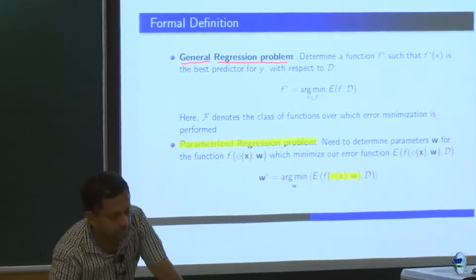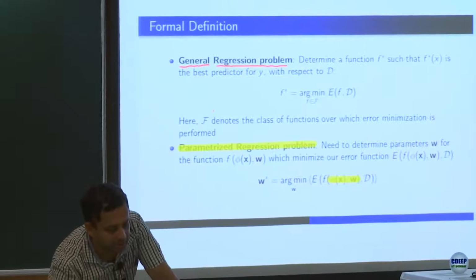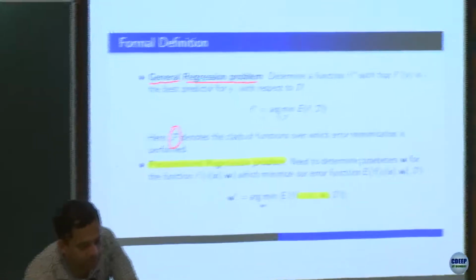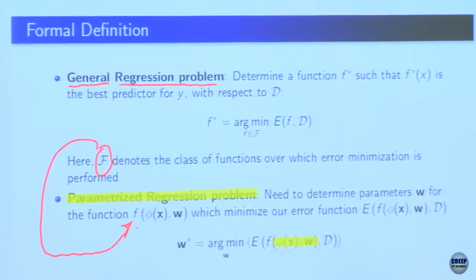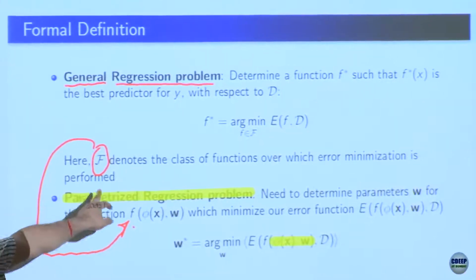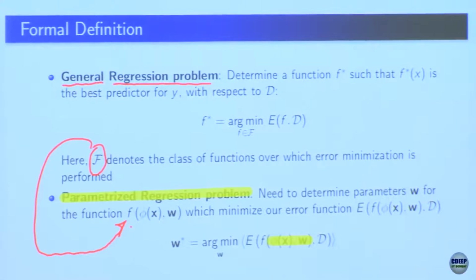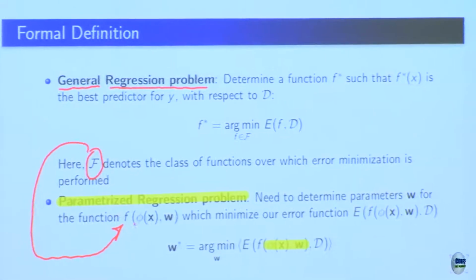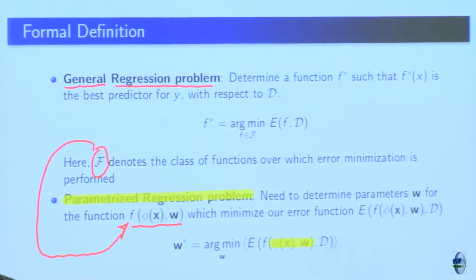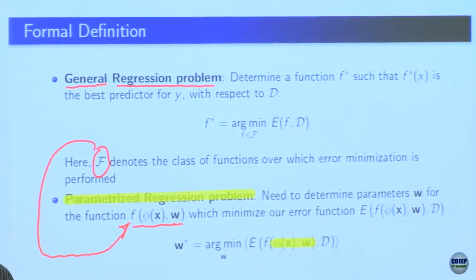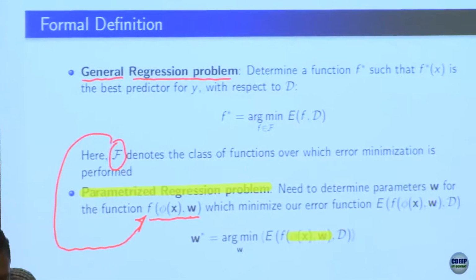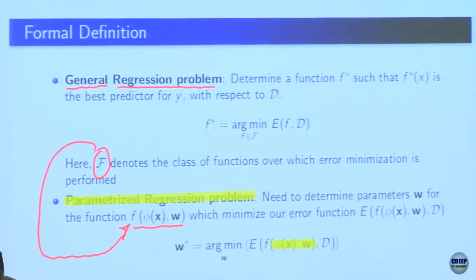So, just to bring a closure to this discussion, what we are doing here in the parameterized form is this calligraphic F. That class is now becoming the space of functions with different values of w, where this f might have a more specific form.